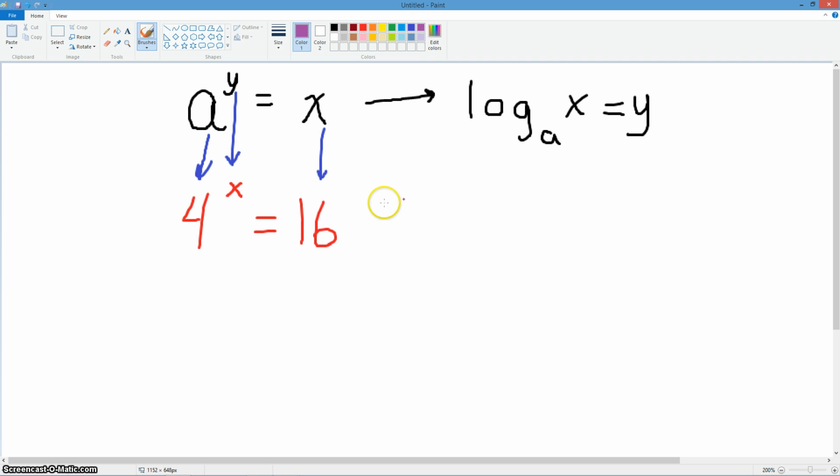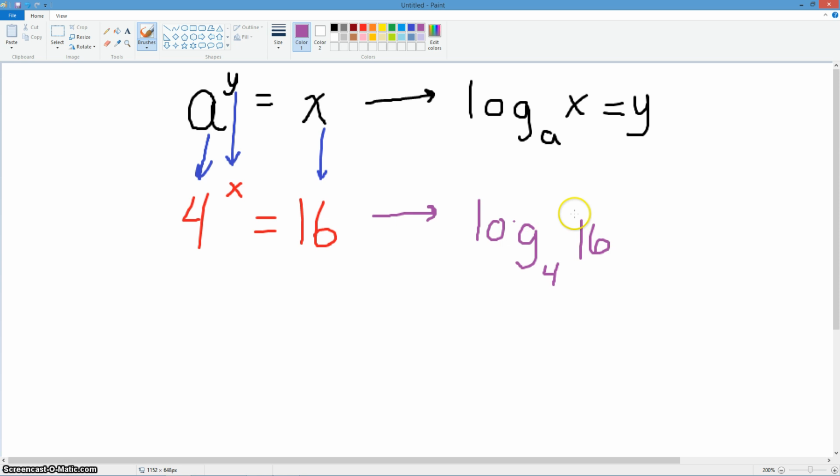Okay, so let's rewrite it into a logarithmic function. So I'm going to have the log of base a. Let's look at our a and see what it represents. It represents the number 4. So base 4. Let's look at what x represents. x represents 16. Very good.